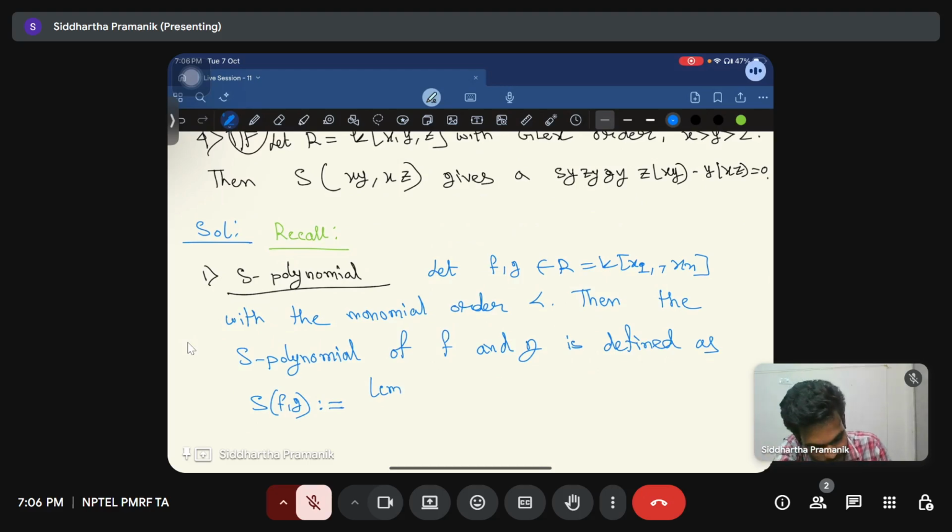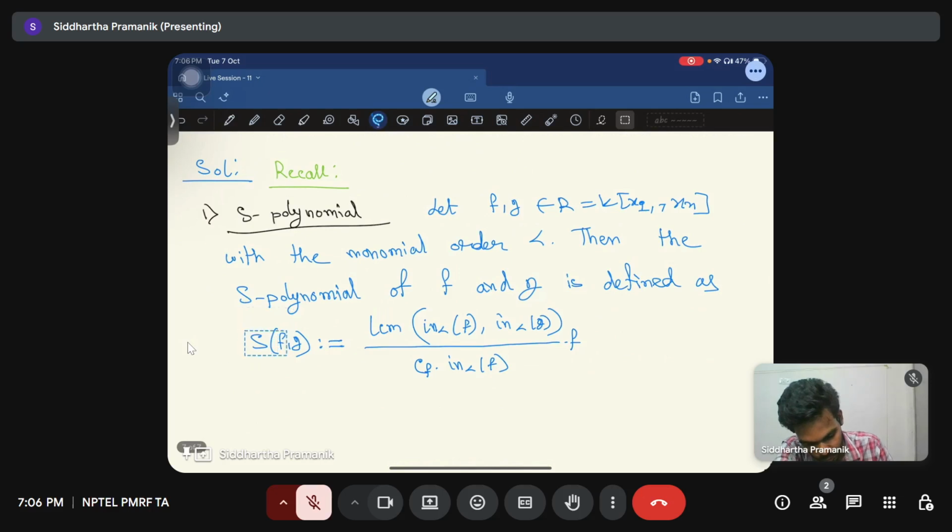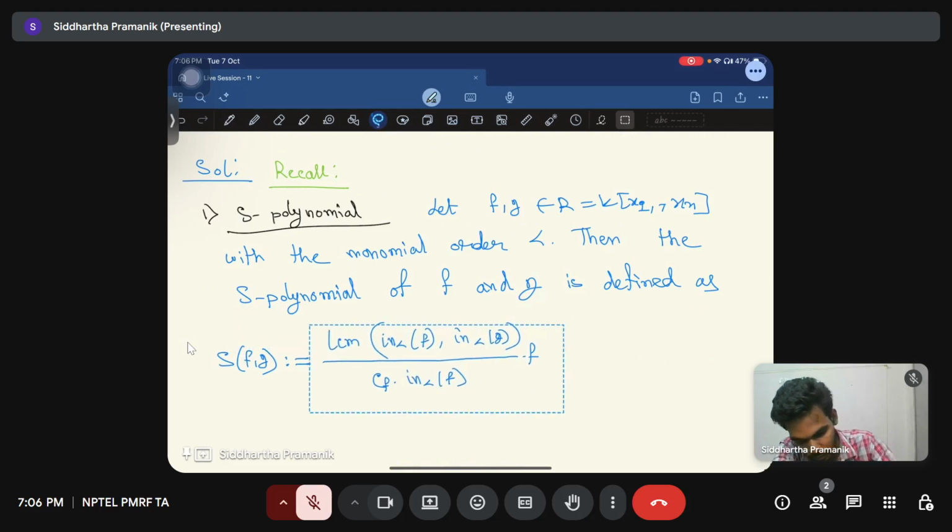So let's take the LCM of the initial term of f and the initial term of g, divide it by the coefficient of the initial term of f times the initial term of f, multiply it with f, and subtract it.